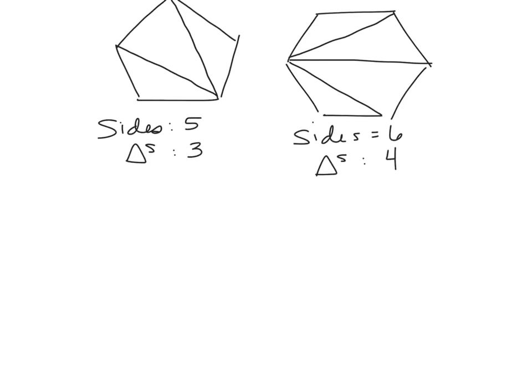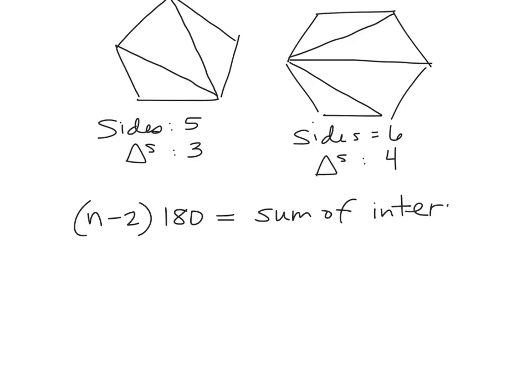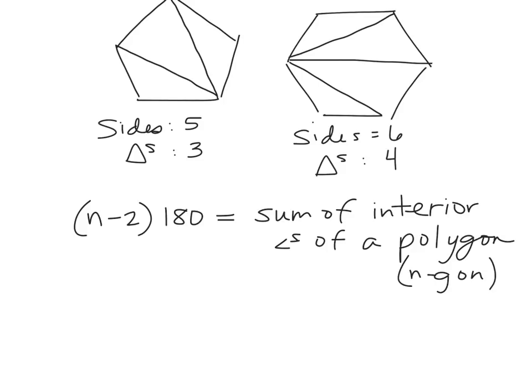So the polygon angle sum theorem says n minus 2 times 180 will equal the sum of the interior angles of a polygon. Okay, if we want to be more specific, it would be of an n-gon, because it's got to be n number of sides, right?